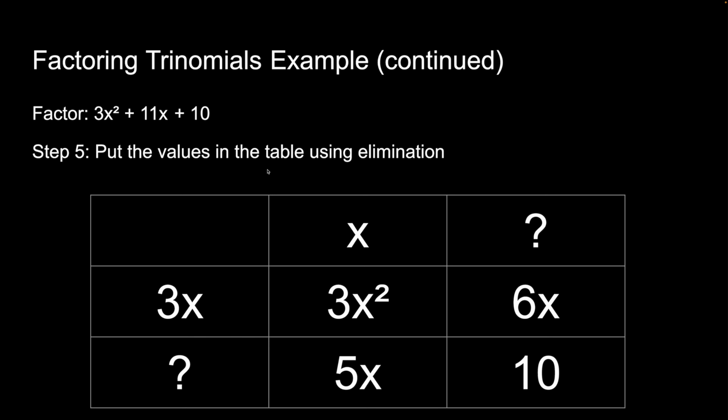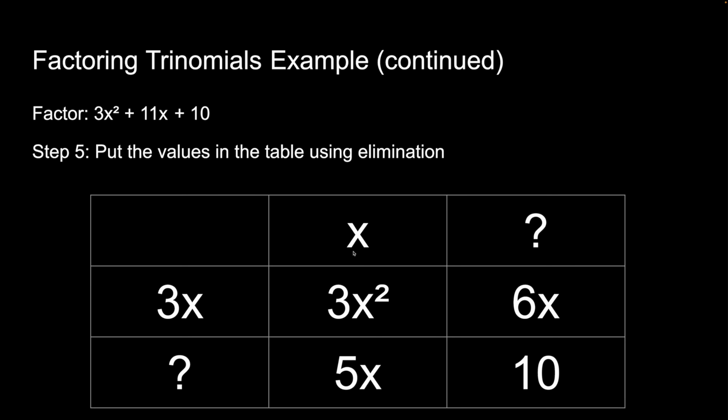So now the next step that we have is to put all the terms together. We need to put 3x and x into this table, using a little bit of elimination. Now if you look at it, when we're doing this table, this value times this value would get this value. This value times this value would get 5x. So we need to figure out where to put the 3x and x.